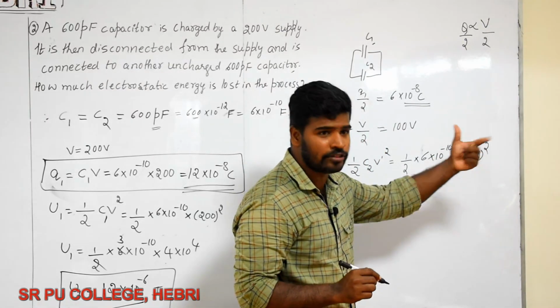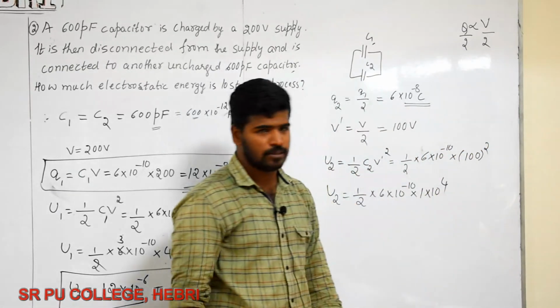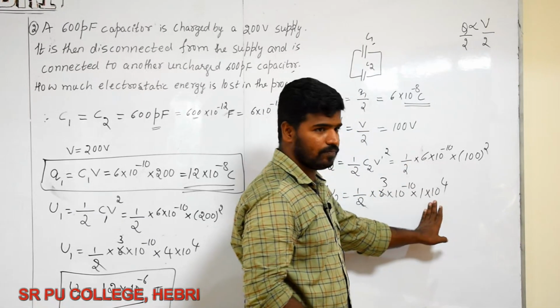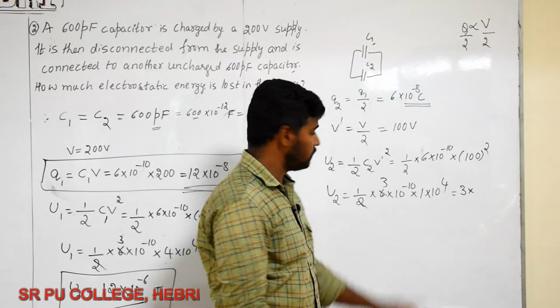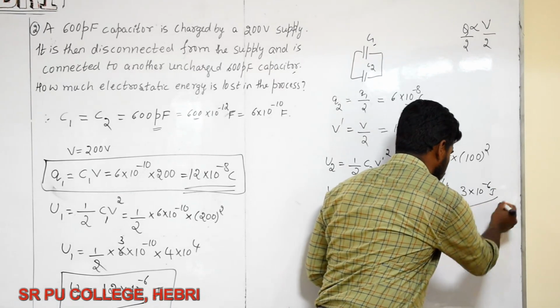It's not 1000, it is 10,000, which is 1 into 10 raised to the power plus 4. Simplification: 2 ones are 2, 2 threes are 3 into 1. That is equal to the energy stored on the capacitor, 3 into 10 raised to the power minus 6 joules.